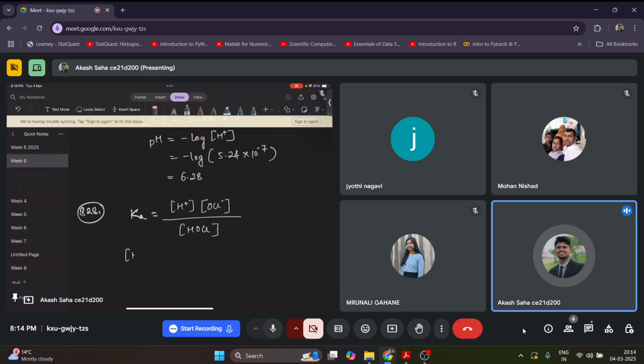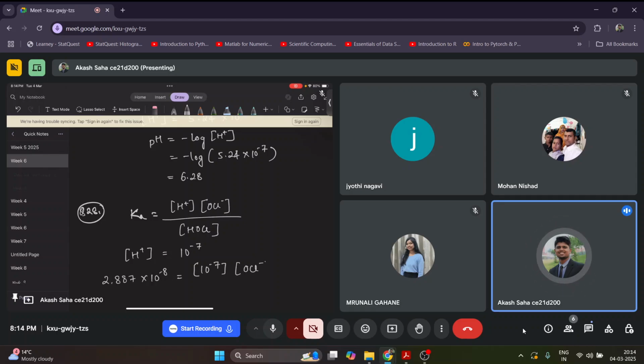H plus: neutral pH means pH is 7, so the concentration will be 10^-7. K we know, 2.88 x 10^-8, because pKa 7.54 is given. So that Ka value will be 2.88 x 10^-8. Then H plus we know, 10^-7.